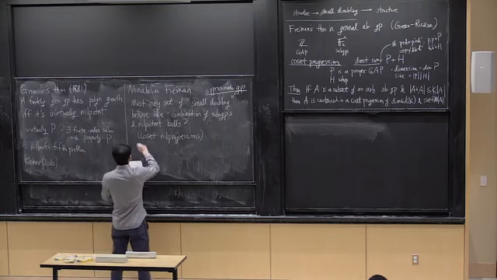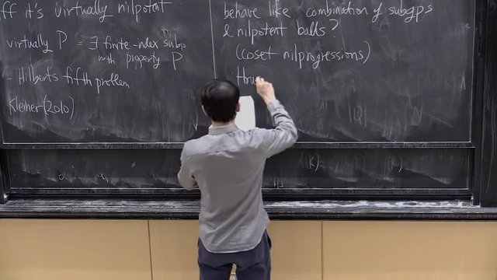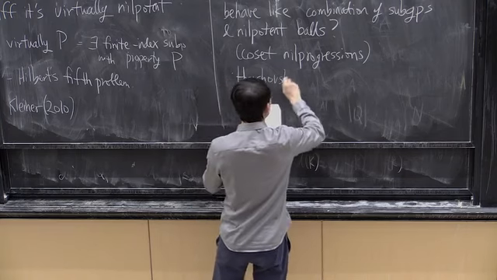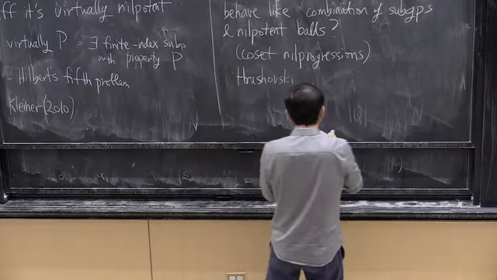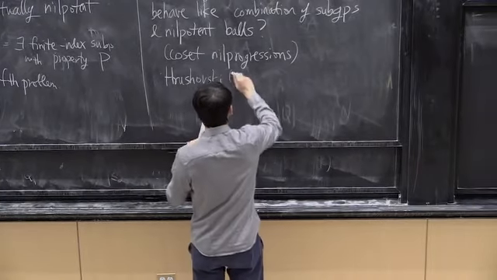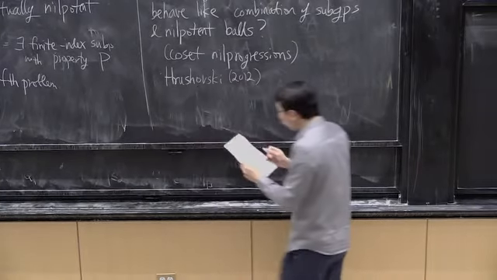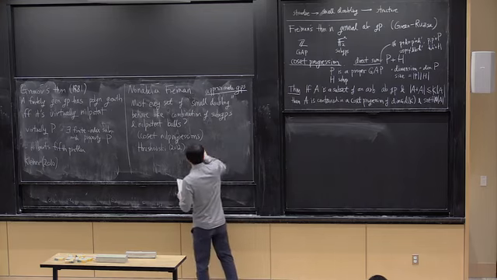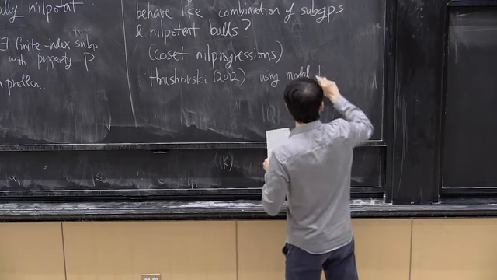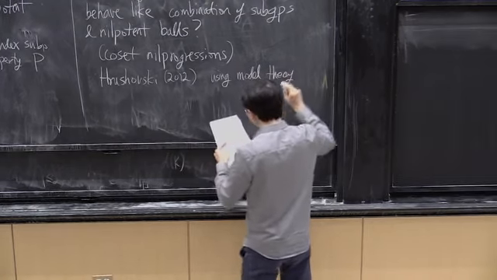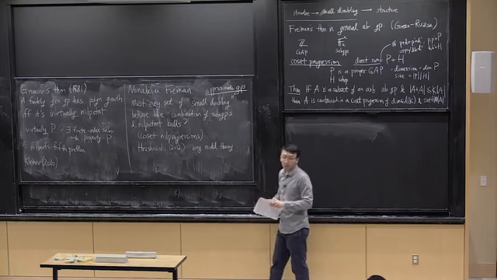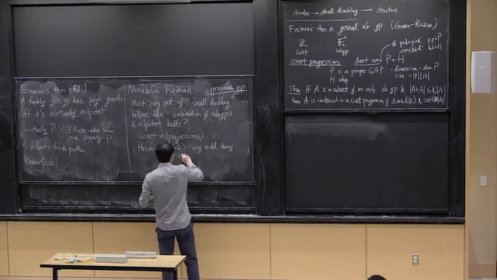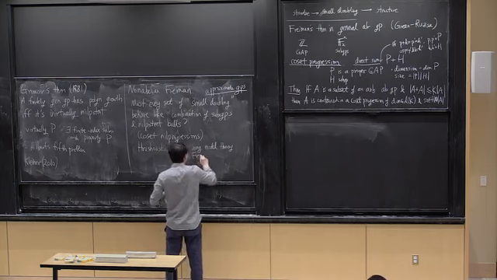There was important work of Hrushovski, which was published about 10 years ago, who showed, using model theory techniques, so using methods from logic, that a weak version of Freiman's theorem is true for non-abelian groups.